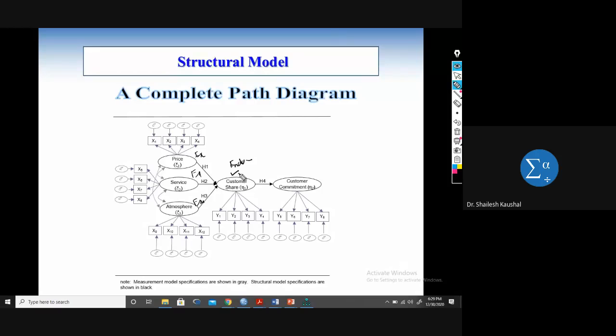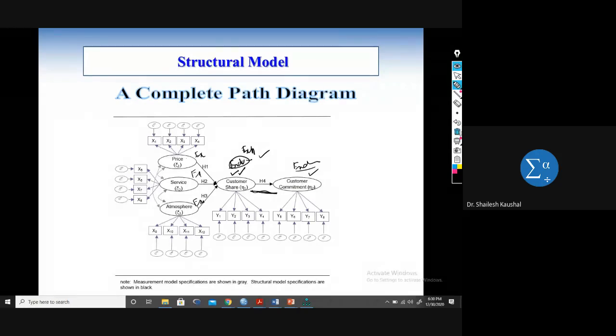But when we take the relationship with the other variable, customer commitment, then this endogenous variable becomes the exogenous variable, meaning independent, and customer commitment is the endogenous variable. So it is a different type of variable with respect to the other variable, for this particular relationship.